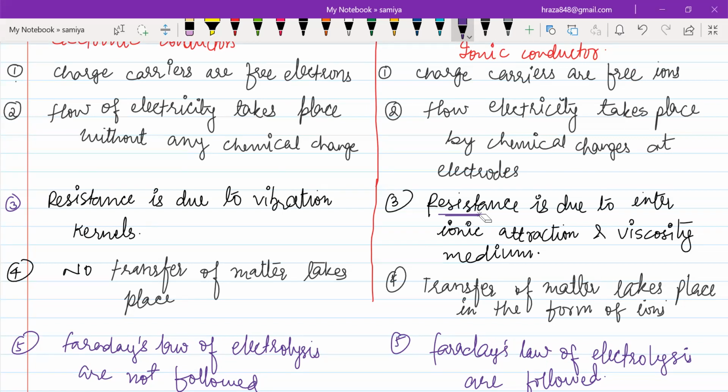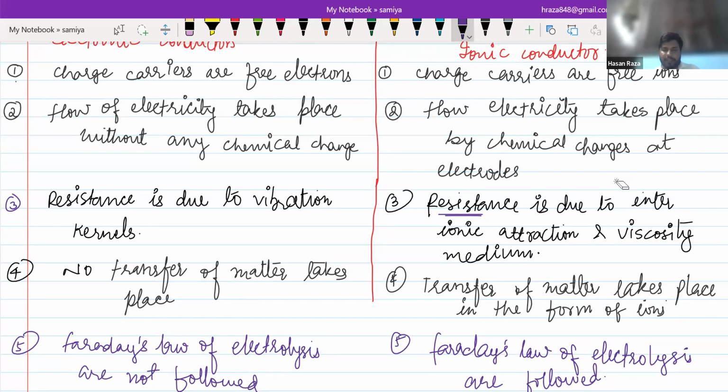Yes, sir. So see here, the flow of the current is due to the movement of ions, and if there is attraction between ions, will it flow easily? If there is attraction between two ions, and one of the ions wants to flow, and another ion is attracting towards itself, it's tough to flow.